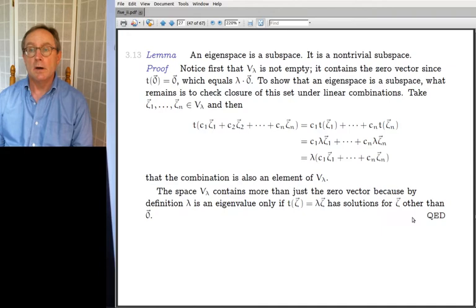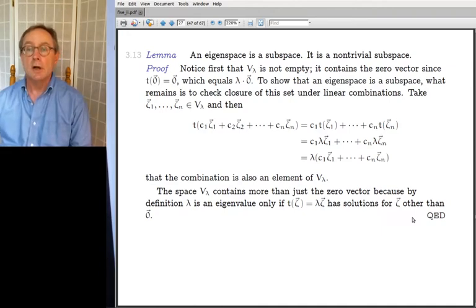And then to show that it's a subspace, what you have to do is check closure under linear combinations, and that's easy to see because if you take T and apply it to a combination, then you get in each case the lambdas. So T of zeta 1 all the way down to T of zeta n gives you lambda times zeta 1, and then the lambdas come out.